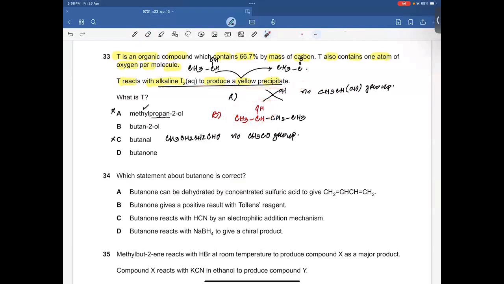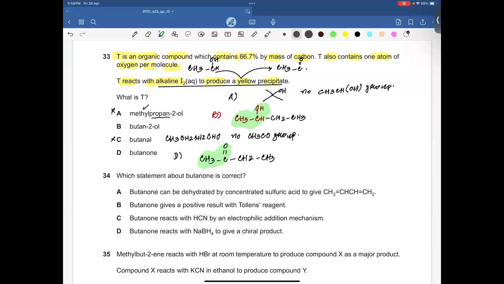Let's talk about D. D is butanone. Butanone also has a CH3CO group, which means it can also give a positive test for iodoform. So this group will give you the iodoform test.